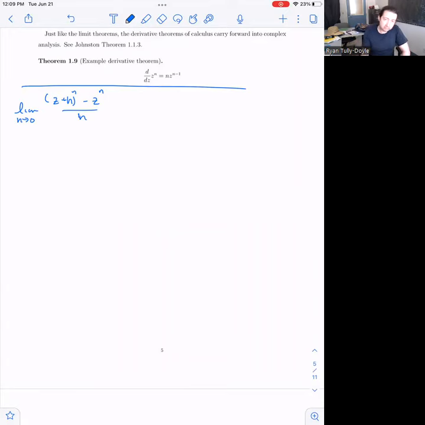So for (z plus h) to the n, the easiest way to write that down, if you know your binomial expansion, is that (x plus y) to the n is equal to the sum, k goes from 0 to n, of n choose k, x to the k, y to the n minus k.